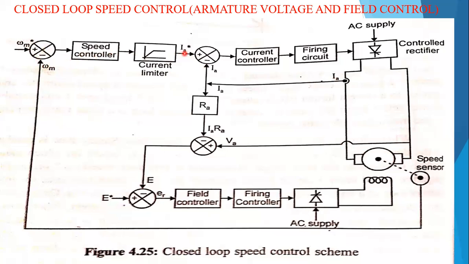I've already explained this: the current limiter saturates and produces a higher current reference, I star.